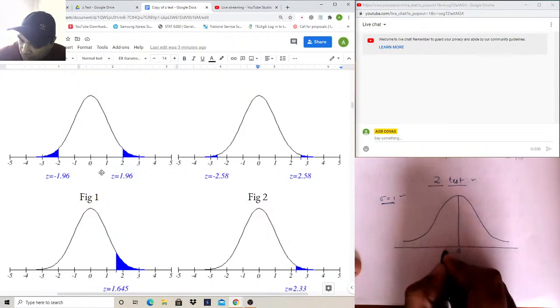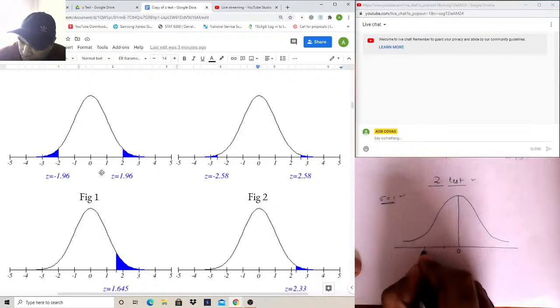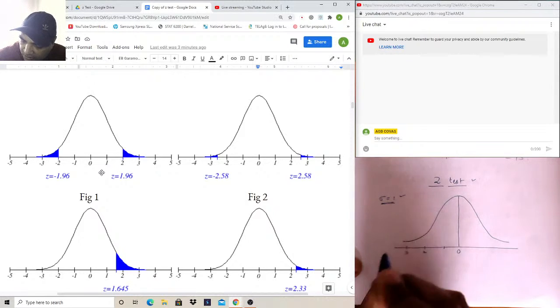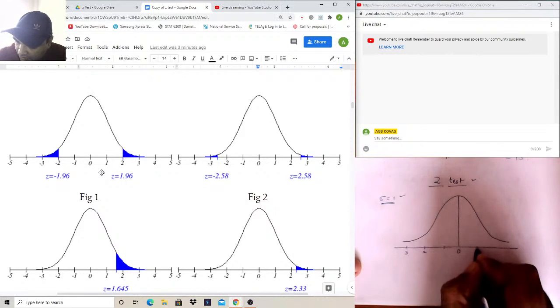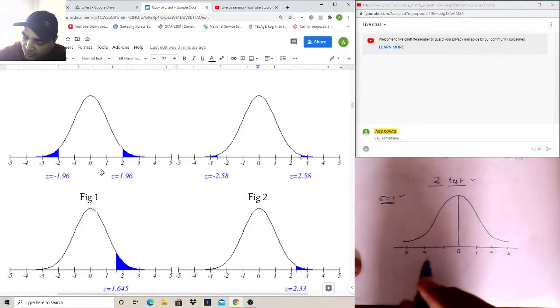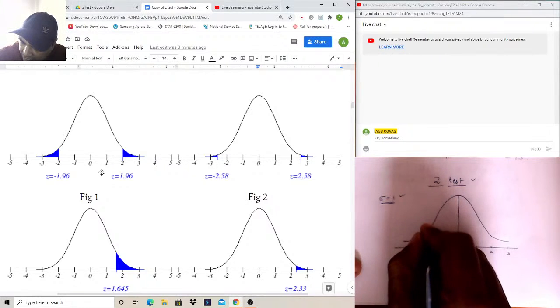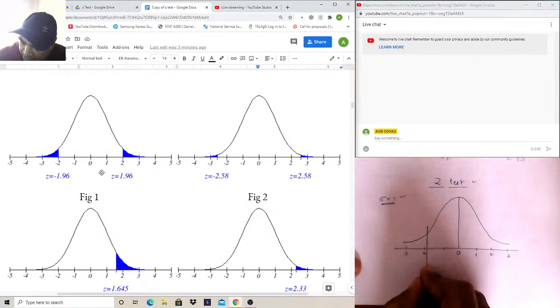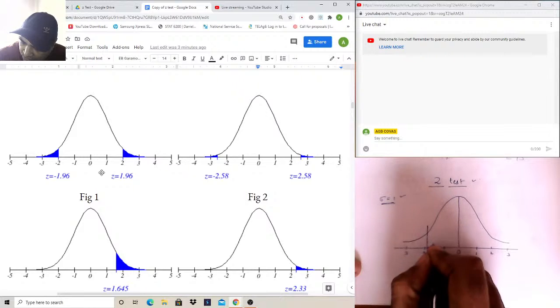So it will be 1, 2, 3 like this, and on this side also 1, 2, 3. So this 1.96 will lie somewhere here.